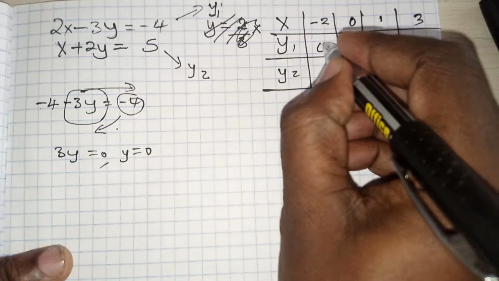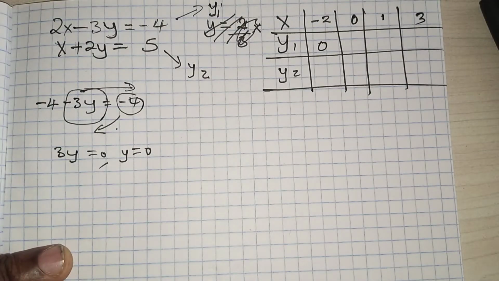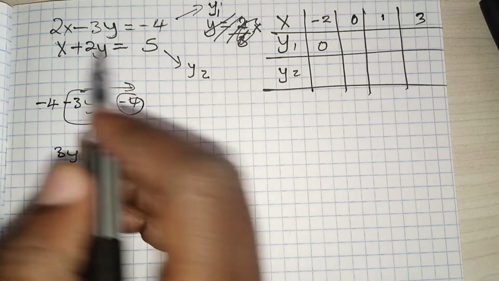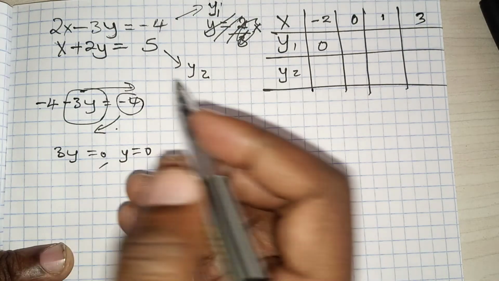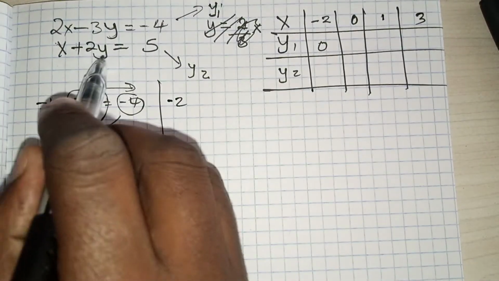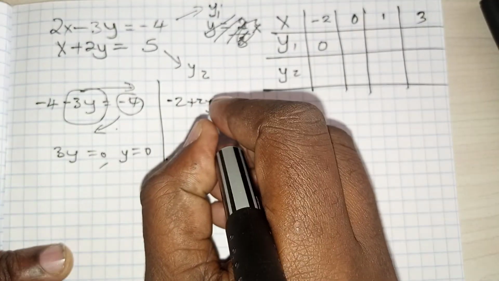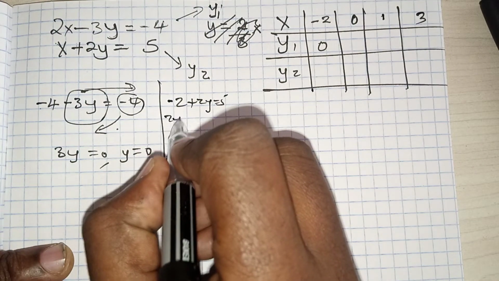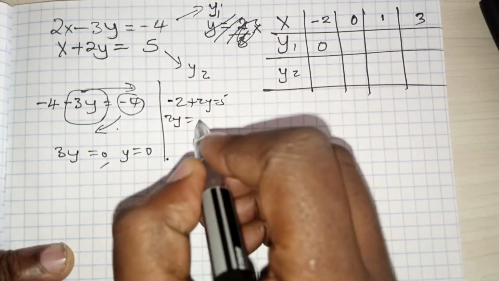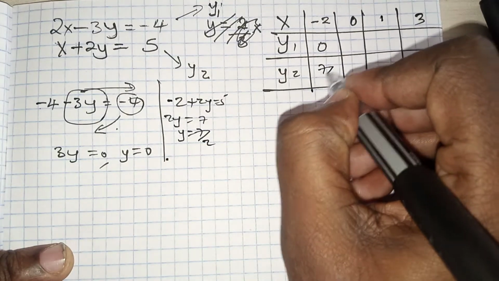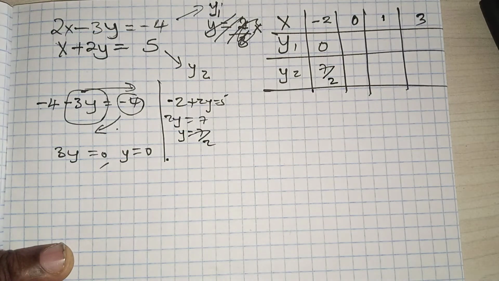So y1 is 0. Let's talk about y2, when x is minus 2, for this equation: minus 2 plus 2y is equal to 5. And this gives us 2y is equal to 5 plus 2, which is 7, and y is 7 over 2, or 3.5.